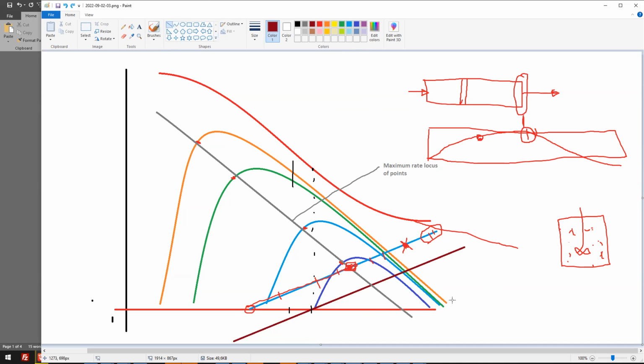So let's put in the operating line again. So you would say, for this operating line, 10 degrees short is here. So this is another point I can propose. So I want to stop here. And so you do that for several choices of inlet temperature, and that will give you another line here.